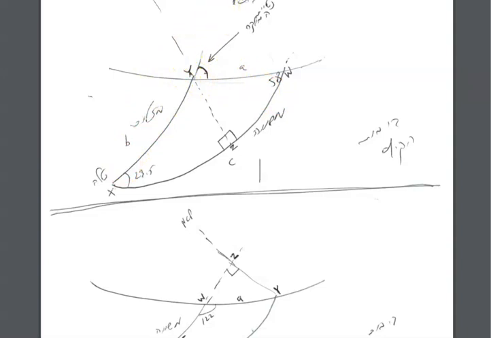Let me try to type it here. Sine, making capital C, divided by sine small c, is in proportion to sine 58 divided by sine 30.